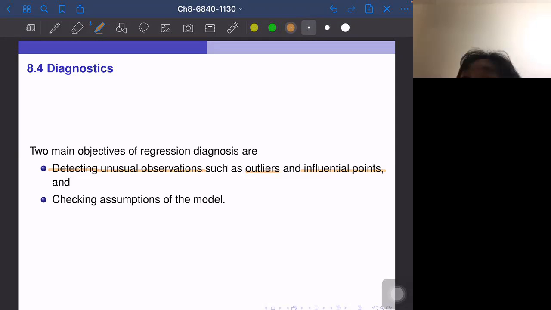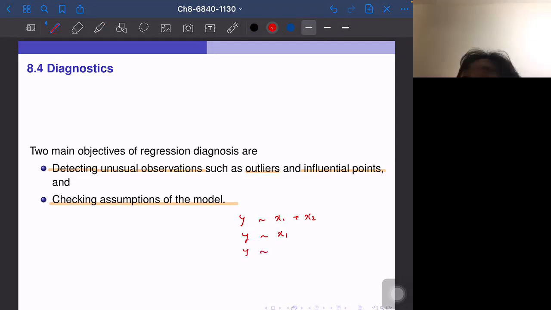And the second objective is checking the assumptions of the model. Sometimes predictors are missing. If the true model is y on x1 and x2, but we only have x1 in the model, that is not good. We would like to detect that.